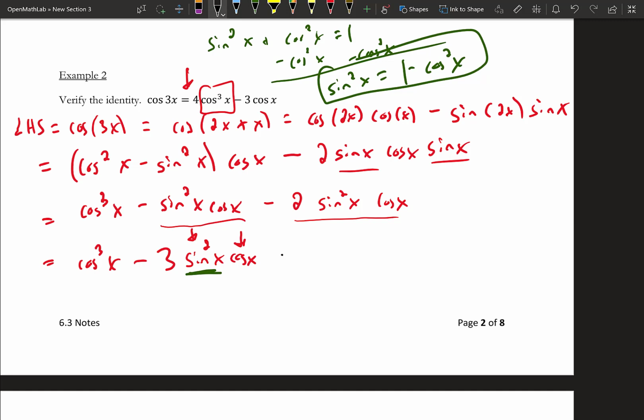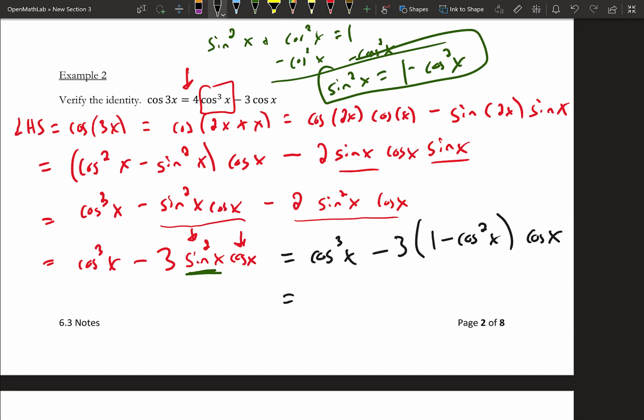So this would be equal to cosine cubed x minus 3 times 1 minus cosine squared x times cosine x. Right?